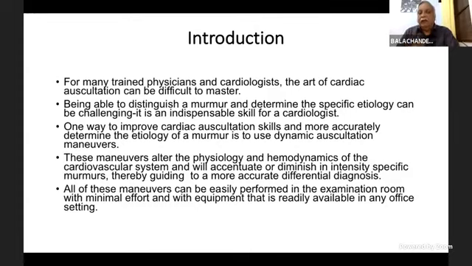But there is still a place in the exam, as far as the exam is concerned, that auscultation, and especially the ability to alter the physiology and hemodynamics of the cardiovascular system, will accentuate. In fact, in HOCM, more than the dynamic maneuvers, the examiners will ask you how this maneuver alters the physiology and hemodynamics of the HOCM. So these things, we will just go into in a little bit of detail.